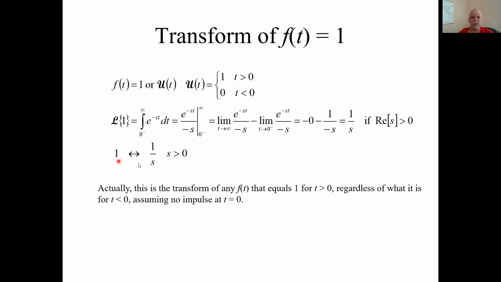Time function on the left, the Laplace domain equivalent on the right. And actually this would hold for any function that's 1 for time t greater than 0. It really doesn't matter what it is for time t less than 0, because that's not part of the integral. So that's why it works for the unit step. But it could work for anything, as long as it's strictly 1 for t greater than 0.